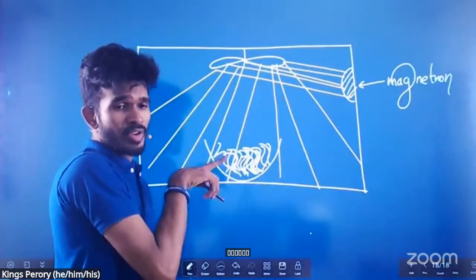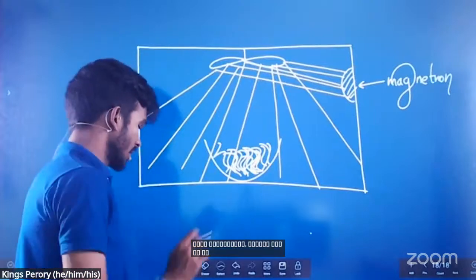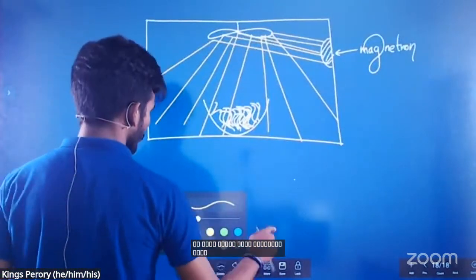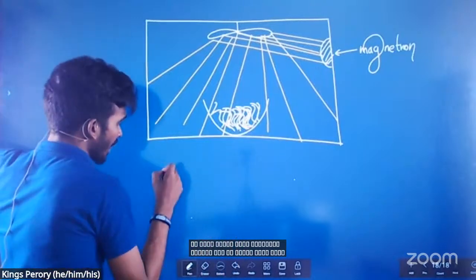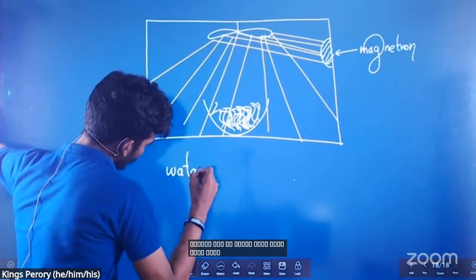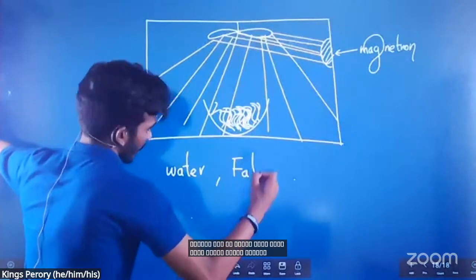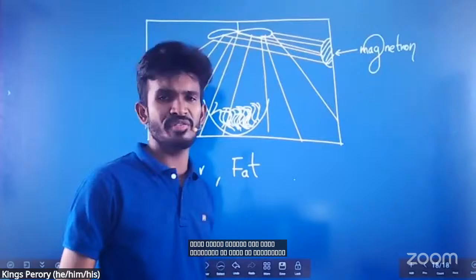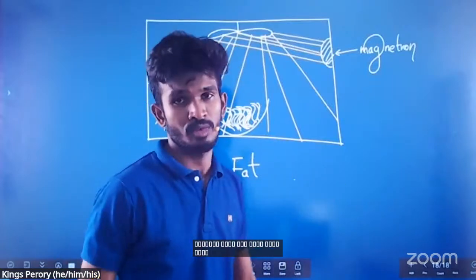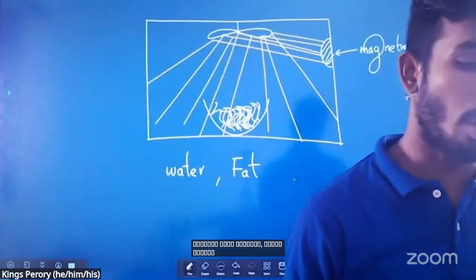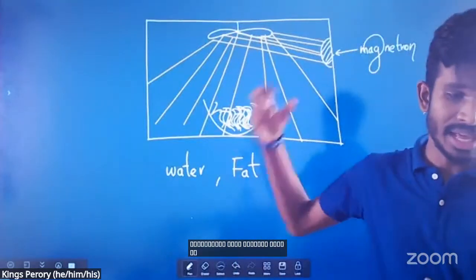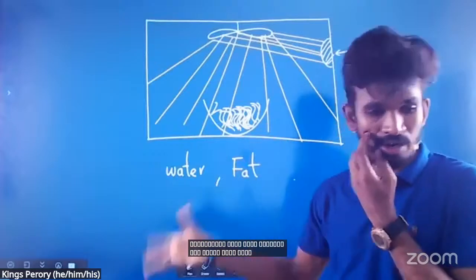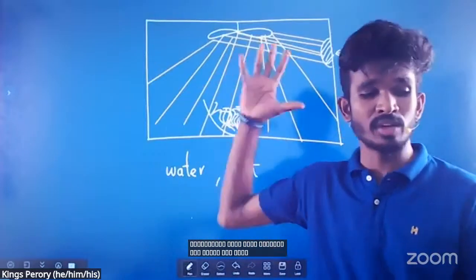When microwave falls on the food, now listen very carefully. In the food you will have water and fat. Any food you take, there will be at least a little amount of water, or there will be fat, or there will be both of them together. Fat is lipids. Oils will be there. Some of that will be surely there in the food.